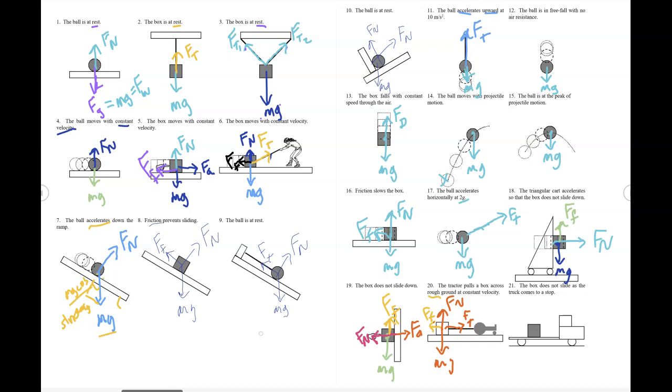Next up, the box does not slide as the truck comes to a stop. So the truck's acceleration is going to be backwards, which means the box would slide forward, so our friction opposes that.